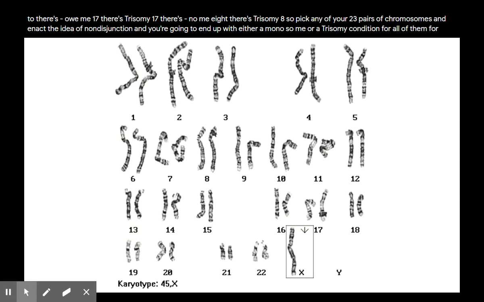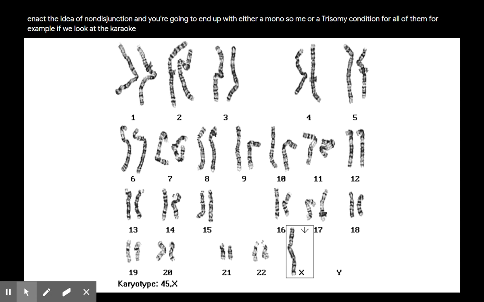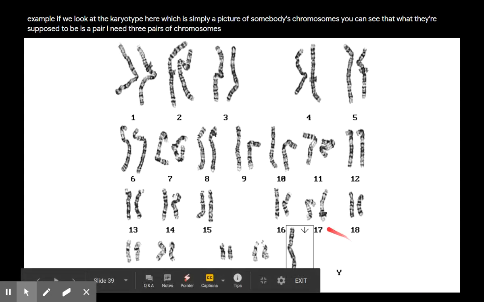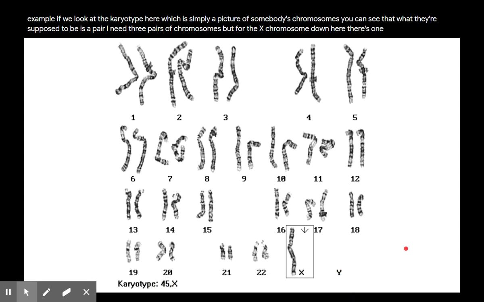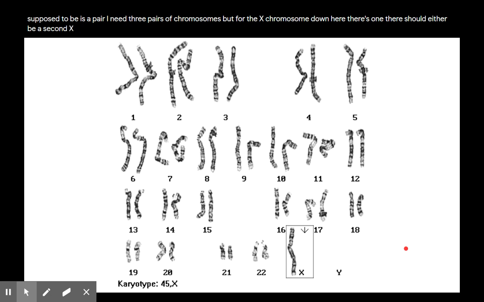For example, if we look at the karyotype here, which is simply a picture of somebody's chromosomes, you can see that what they're supposed to be is a pair of chromosomes in each case, 23 pairs of chromosomes. But for the X chromosome down here, there's one. There should either be a second X chromosome, if this is a female, or a Y chromosome for a male, but there's not.